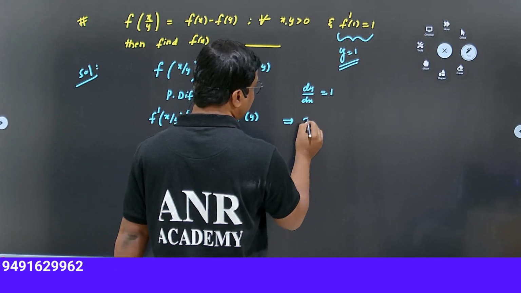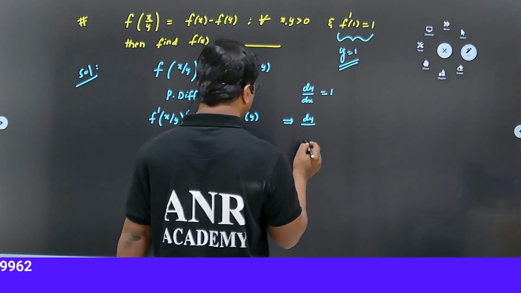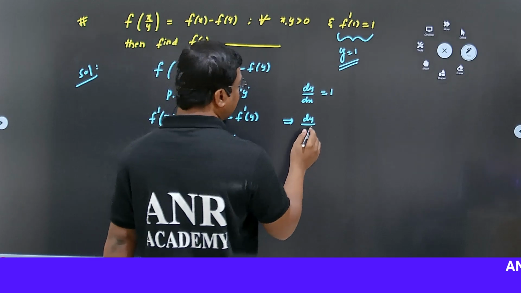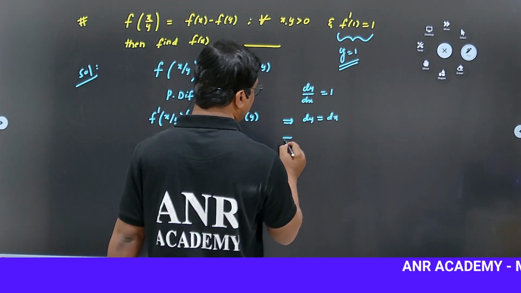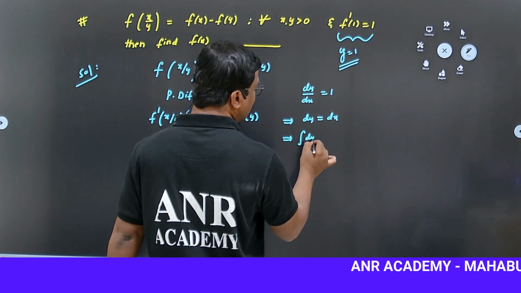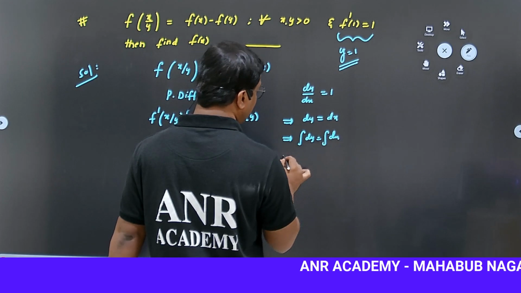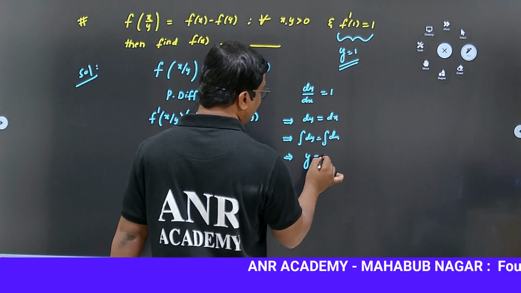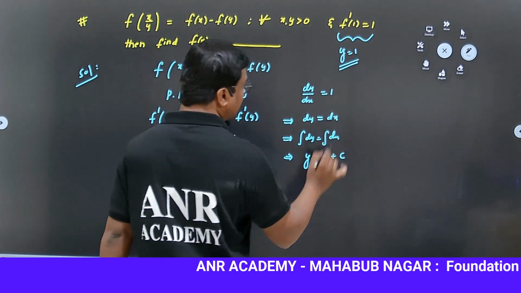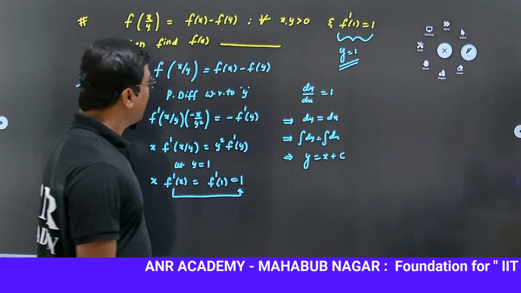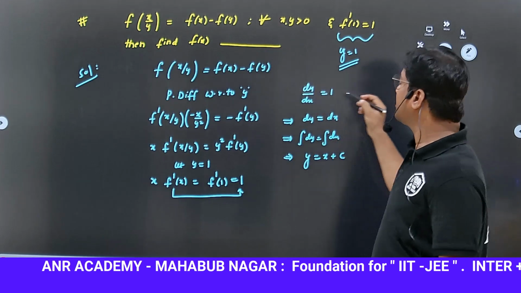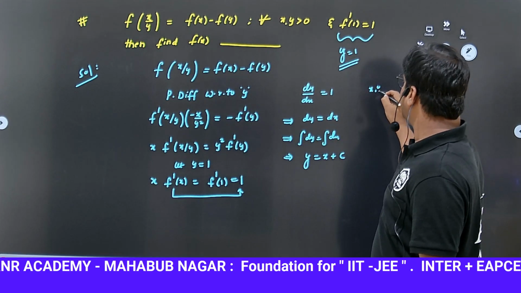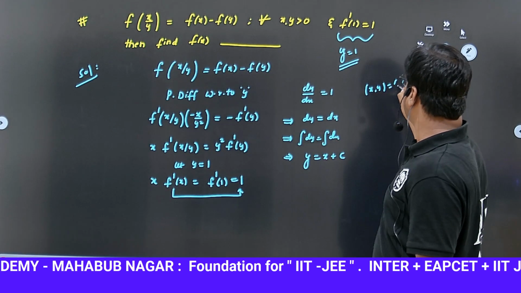This implies dy is written as just dx. On cross multiplication, applying integration on both the sides, we get y equal to x plus constant. And observe, x comma y they are positive. Put x, y both 1, 1.